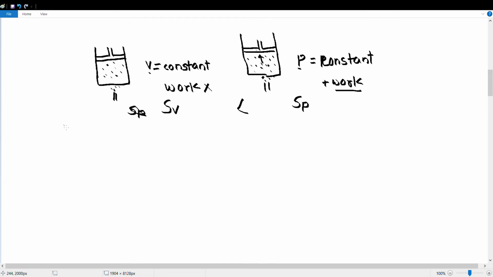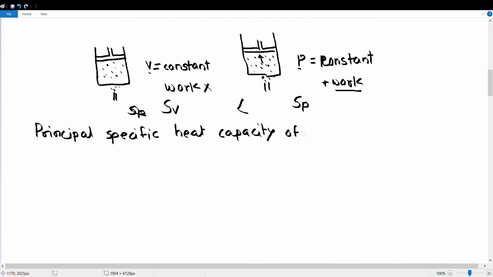There are two types of specific heat capacities of gases. One is known as the principal specific heat capacity of a gas.